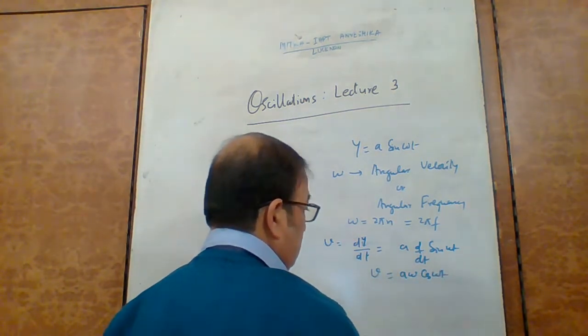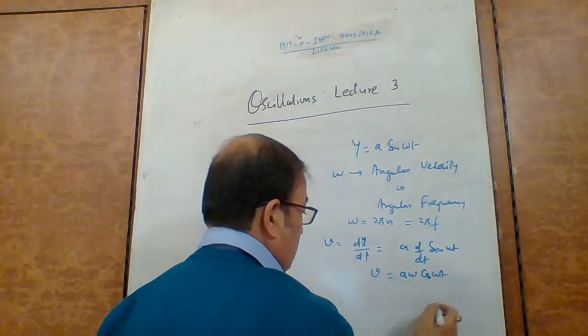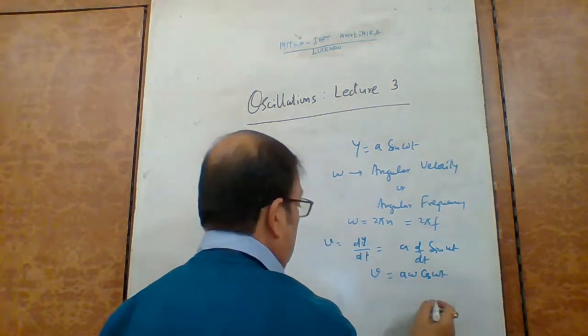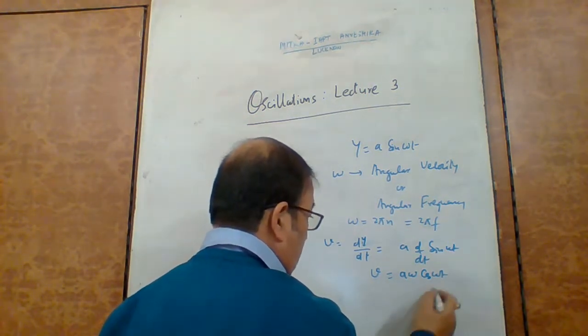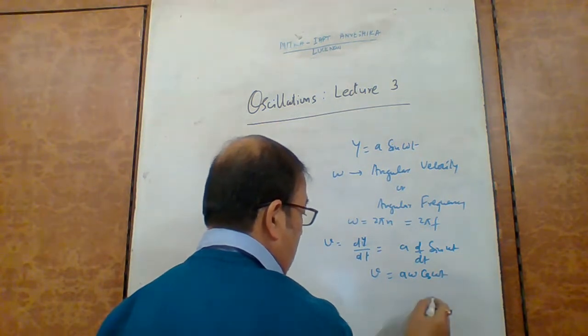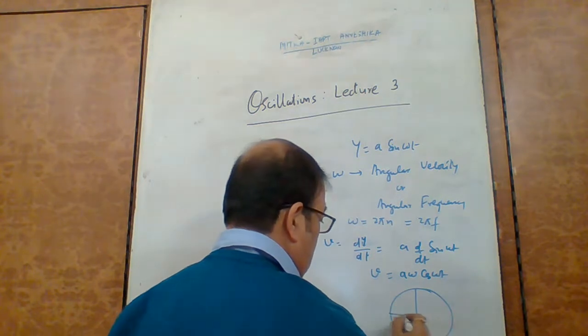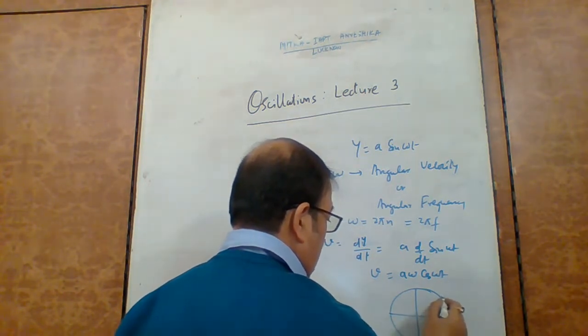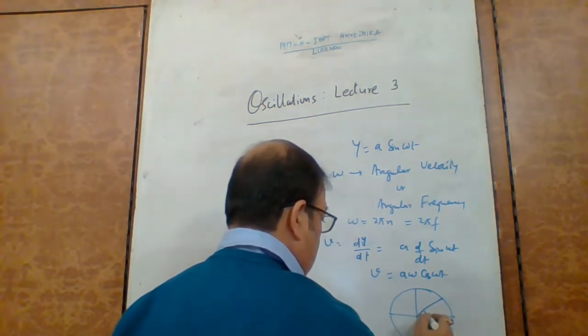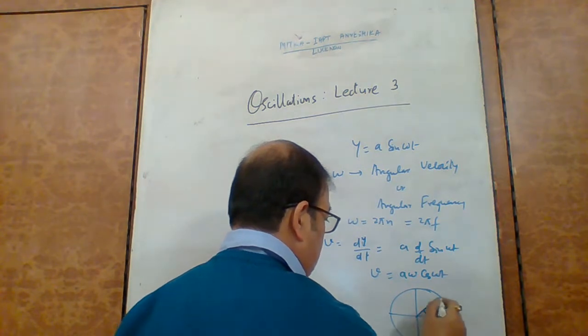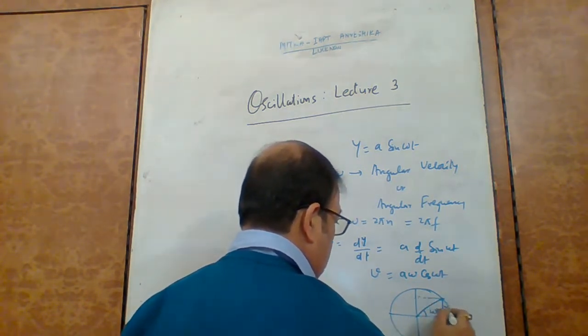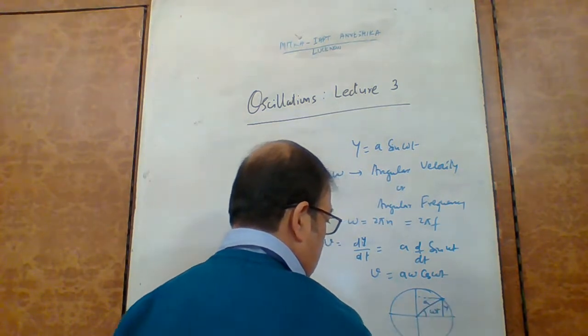This is velocity. In that diagram, whenever we find the omega t value, we know this is the circular motion. We take that point, and this is omega t. This displacement is your y, and this is your a.